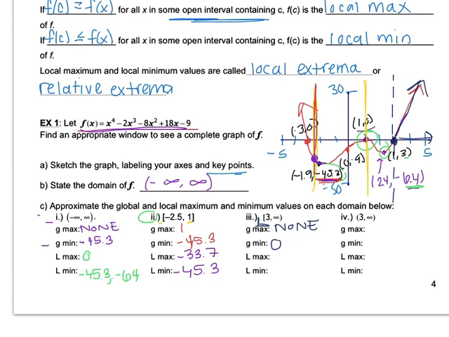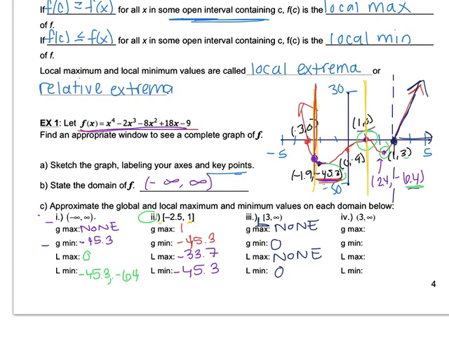A local max would be the highest y value in some interval on that domain, but there is none because it's only increasing, and it continues to increase. A local min would just be the smallest y value in some interval on that domain, and it's going to be the same as our global min, which is 0.